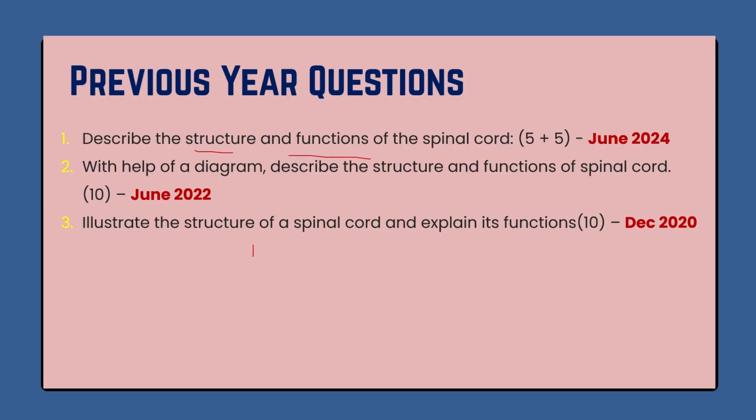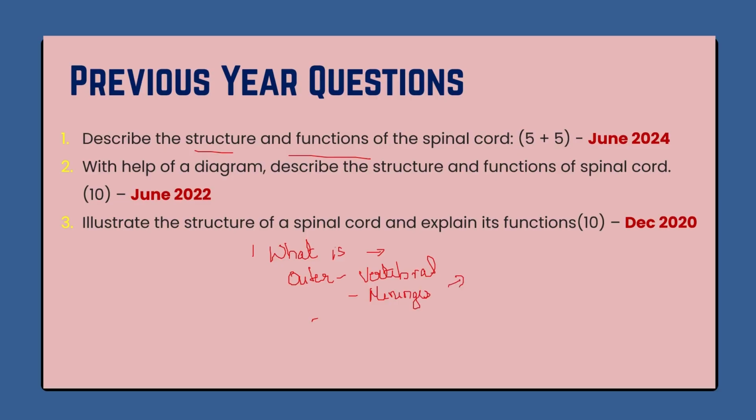When you are asked the structure, first write what is the spinal cord. You have learned the shape, right? Long, cylindrical, oval. And then for structure, you start with the outer layers. Start with vertebra. You write about the vertebral column. Then you write about the meninges. There are three meninges.